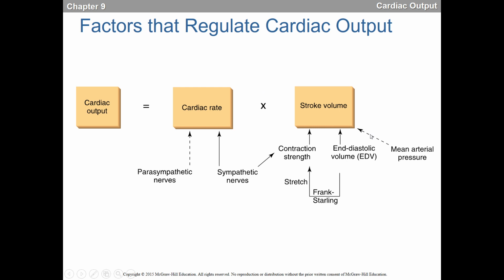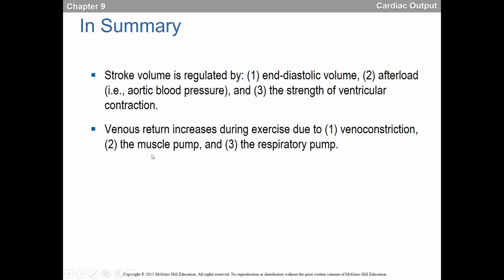Now, stroke volume will be reduced by higher mean arterial pressure. Greater amounts of end diastolic volume will increase it, and greater amounts of end diastolic volume will increase contraction strength through the stretch or Frank-Starling mechanism. So don't lose sight of this: cardiac output, and we need a higher cardiac output to meet our demands for more intense exercise.